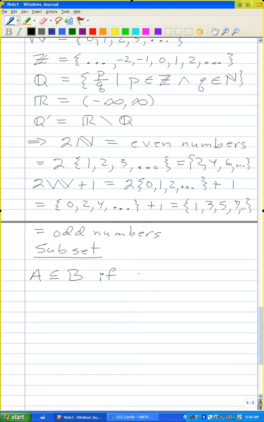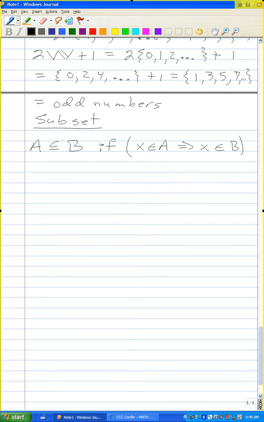A is a subset of B if x is a member of A implies that x is a member of B. So A is a subset of B if every member of A is a member of B. And so this A here is a subset of B.